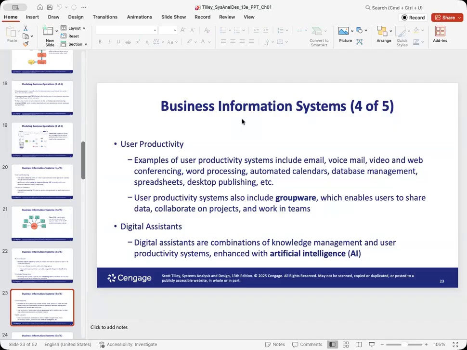And then we have digital assistant. Digital assistants are combinations of knowledge management and user productivity systems that are enhanced with artificial intelligence. Now most sites, most offices, most companies are employing artificial intelligence, even on their website.